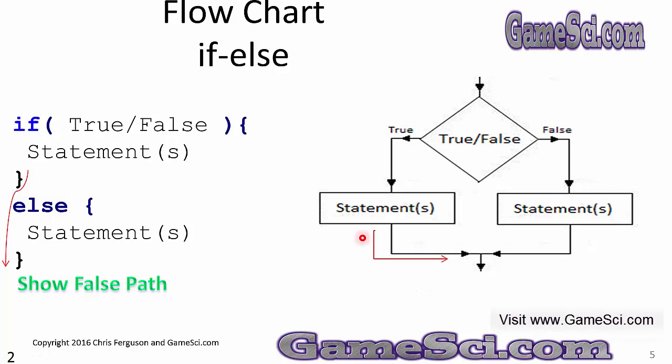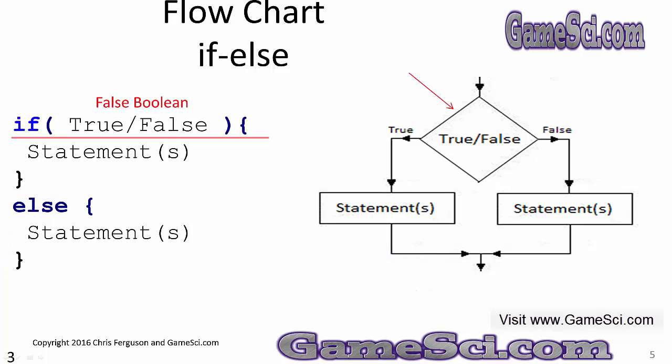And that's what this arrow is showing you. I'm skipping the else portion. I will not execute the else code, and I'll continue on with my program after the if-else statement. This path should be familiar to you now. If the statement is true, I will execute the first block of statements and skip the else.